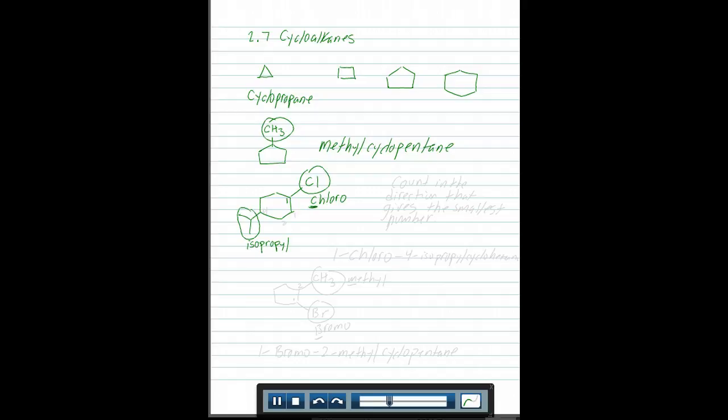All right. Now, as far as the rest of the counting, in this case, it doesn't matter which way you go. Now, you don't go clockwise, you don't go counterclockwise. You go the direction that gives you the smallest number. Okay? Count in the direction that gives the smallest number.